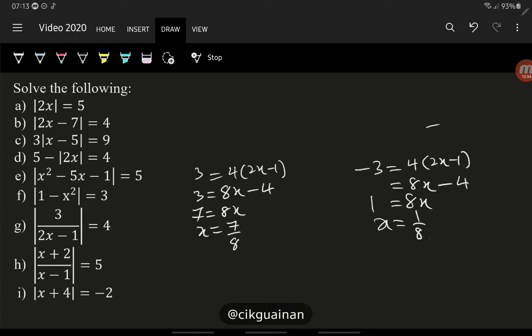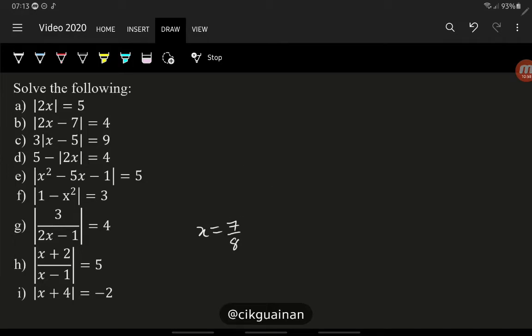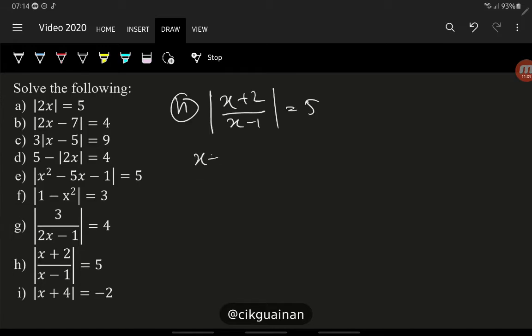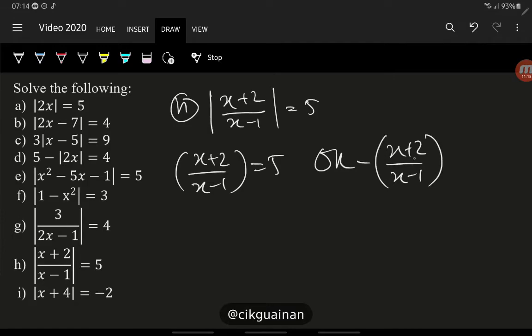Okay, now let's move on to the next one. H is modulus of x plus 2 over x minus 1 equals 5. Okay, so the same thing, x plus 2 over x minus 1 equals 5, or x plus 2 over x minus 1, bracket negative, equals 5. Okay, so for this one, x plus 2 equals 5x minus 5.